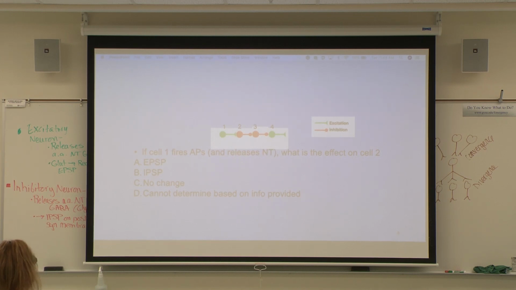On your own first, if cell 1 fires action potentials and releases neurotransmitter, what is the effect on cell 2? EPSP, IPSP, no change, or cannot determine based on the information provided. Okay, let's briefly turn to your neighbor, convince them that you are right. If you have the same answer, come up with why that is the correct answer and the other ones are not correct.